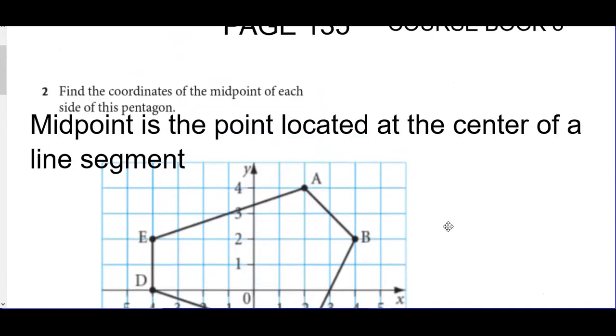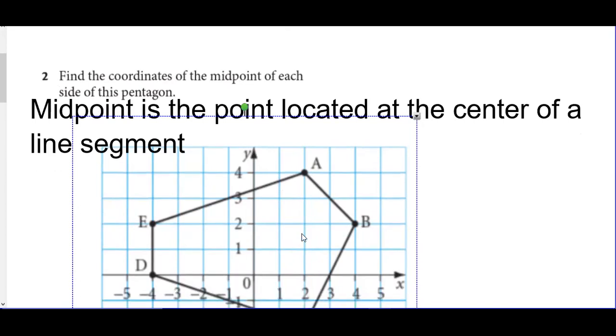Okay, so there are 2 methods. One, you can find the midpoint of a line segment by using a formula. Secondly, by drawing such line segment on a graph paper. Okay? Now, for instance, look at this question. This question says, find the coordinates of the midpoint of each side of this pentagon.